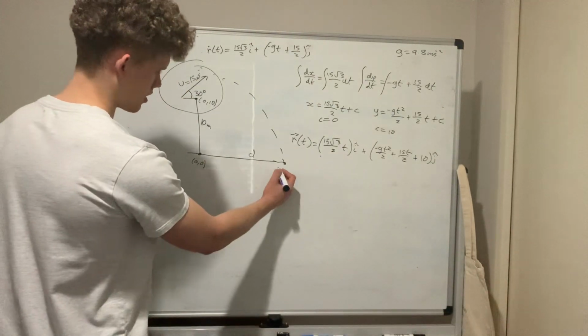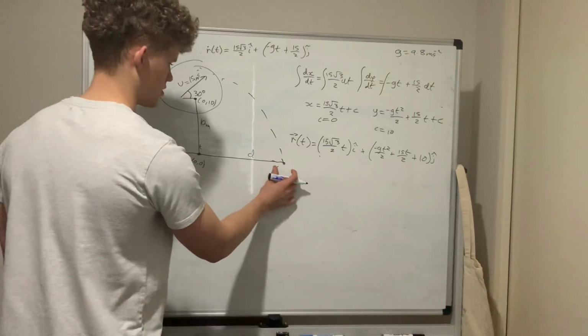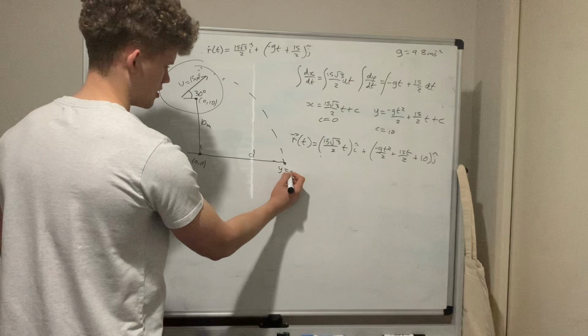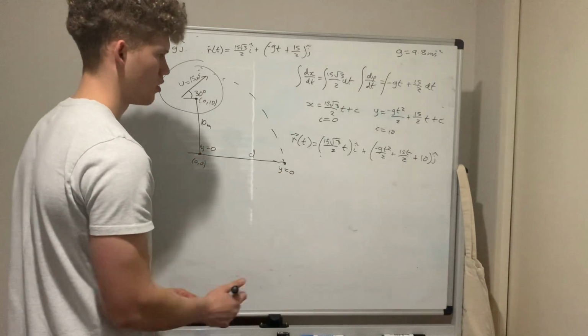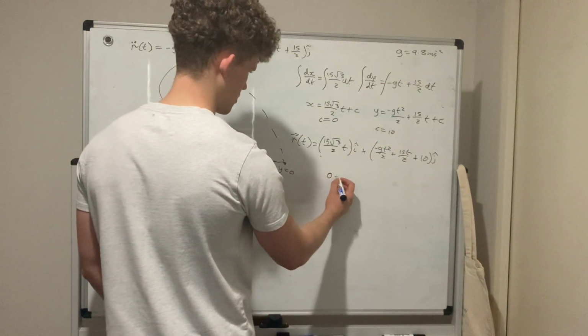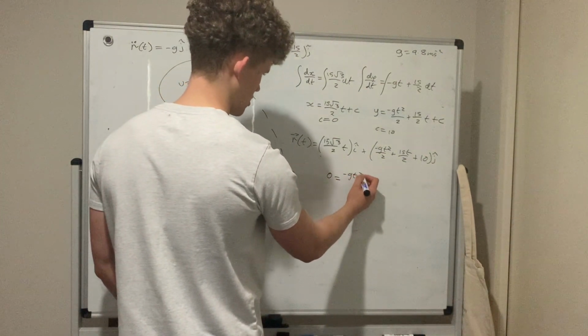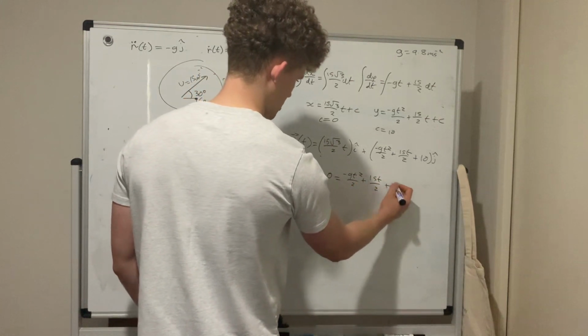So my y position is 0 here. So all I've got to do is take this equation here and just sub y equals 0. So 0 equals negative gt squared on 2 plus 15t on 2 plus 10.